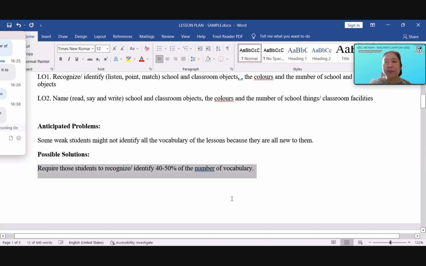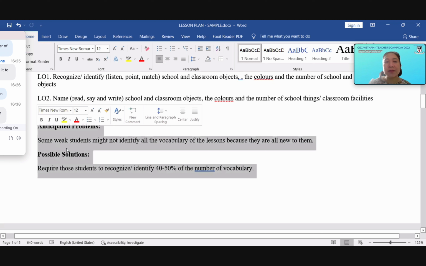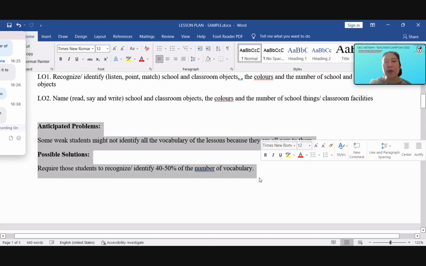And of course, with the design thinking developer, you have to think about any solution you can use to deal with the problem. I know that the traditional lesson plans normally don't have this. But I think that if you are very specialized in English language teaching, you have some imagination and imaginative scenarios in your mind.